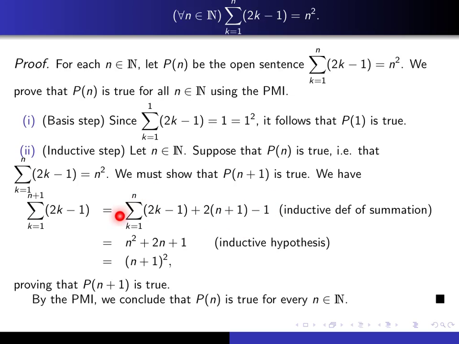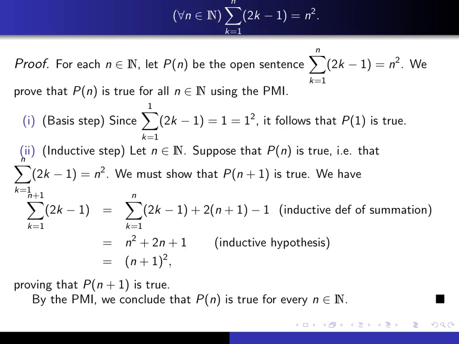Now, this sum here is n squared, and that's what we refer to as the inductive hypothesis. That's the assumption that the formula is true for n. And 2n plus 1 is precisely what this is. That's just a calculation: 2n plus 2 minus 1 is 2n plus 1. Then you notice that this is a perfect square. It's n plus 1 squared.